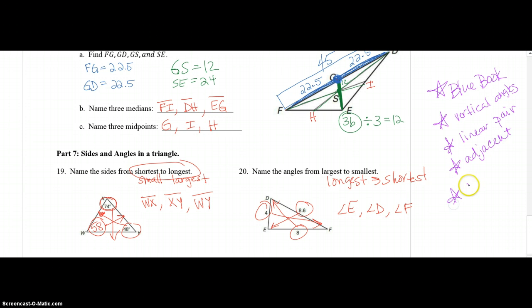And then I would look at alternate interior, alternate exterior, corresponding, and same side interior. Those are in Chapter 3, I think Section 3.3. You might want to look in the index of your book, but it's in Section 3. It'll be in your note packet. There are 3 questions, I believe, on those types of angles.